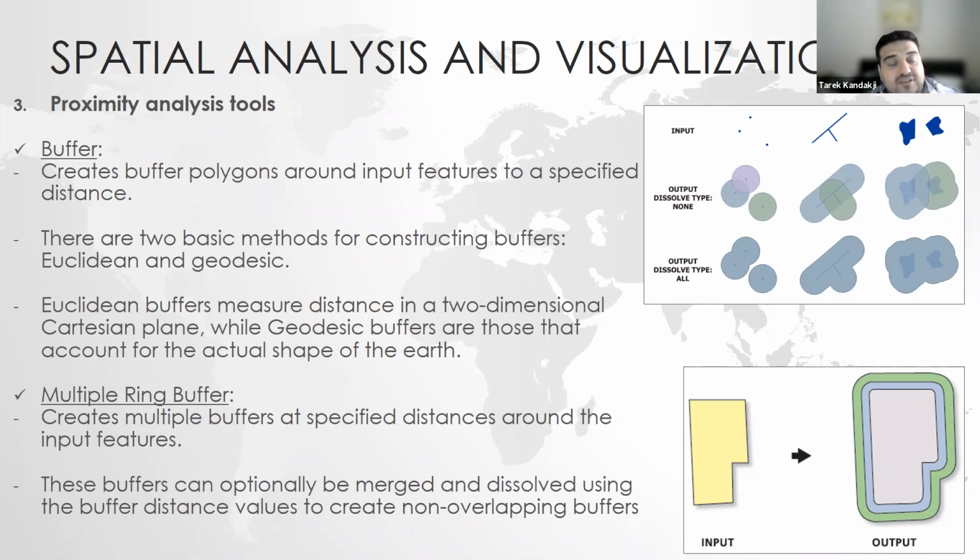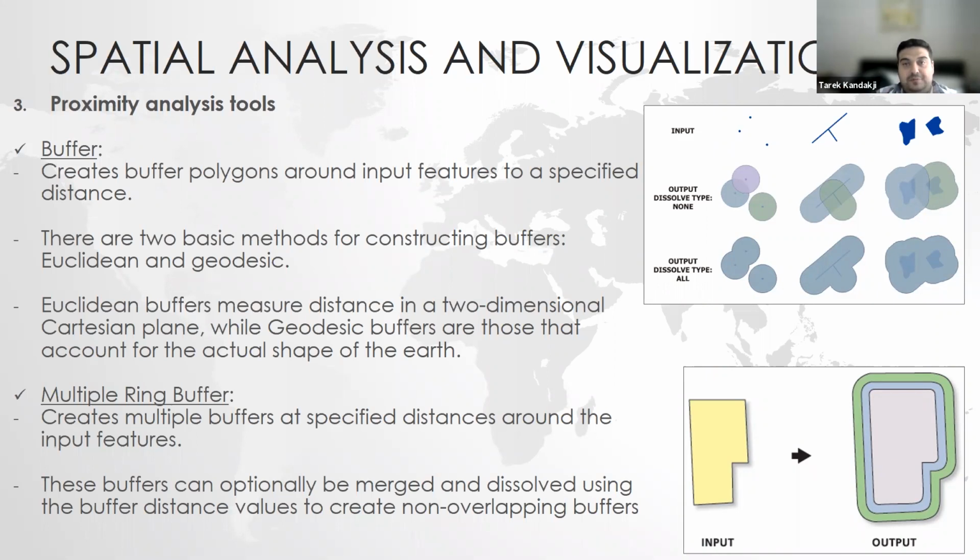Multiple ring buffers are very important when you want to assign categories based on distance away from a certain location. For example, the time needed to arrive at a hospital from different locations. You have the hospital in the middle, and you say, okay, all those who live within 100 meters of the hospital will reach it immediately, and we will be able to help them in emergency cases.